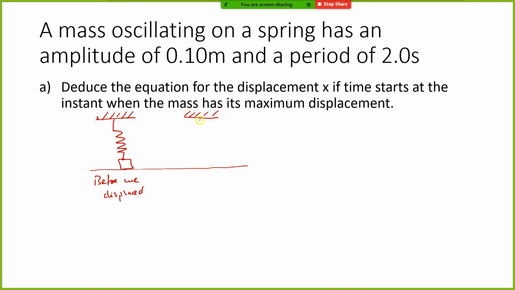Now, when we displace the spring, the distance from where the spring was originally, the starting point, to where it's now at, that would be your extension.